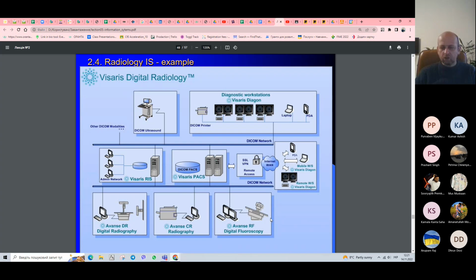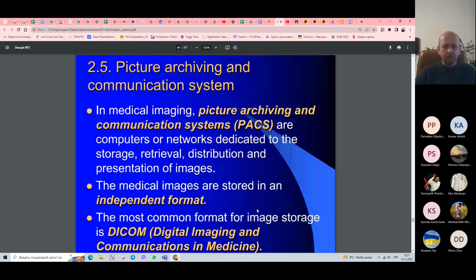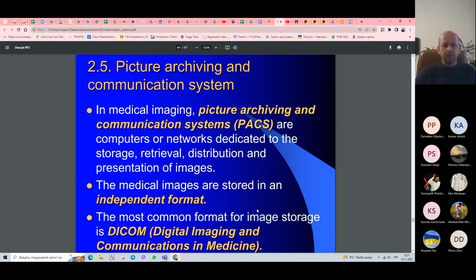Different kinds of data sources can be present there, and they should be integrated.